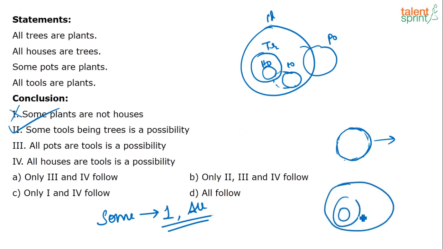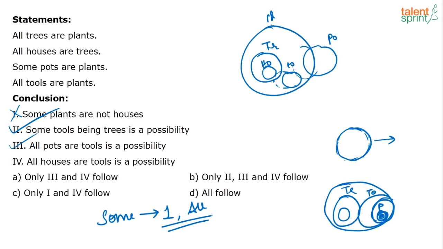This is house, this is trees, so pots can be here and tools here. So all pots being tools is a possibility. It's not violating any rule. You can bring this inside, right? If you draw it that way, that also is a possibility. It is not violating any rule, so that conclusion also follows.